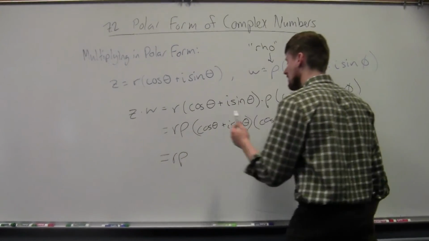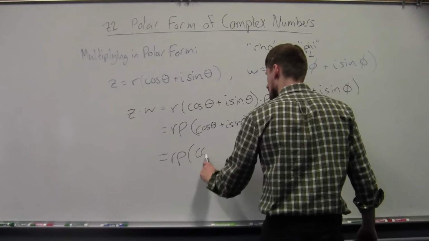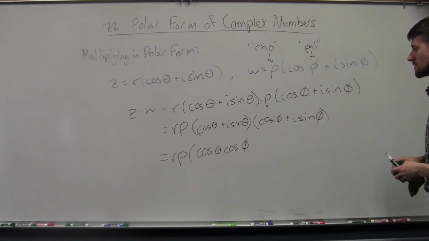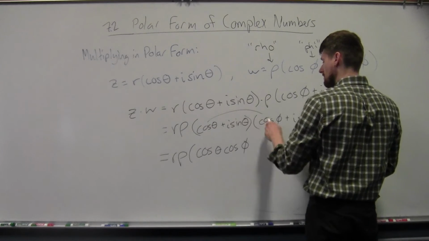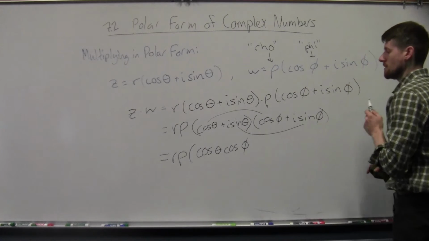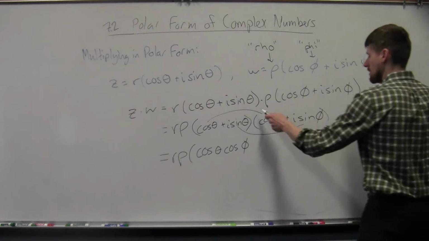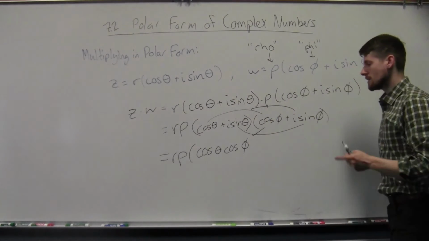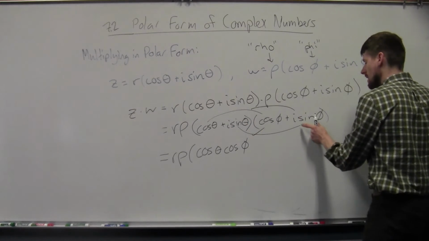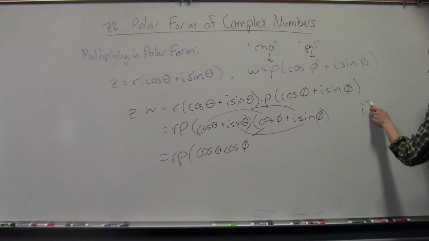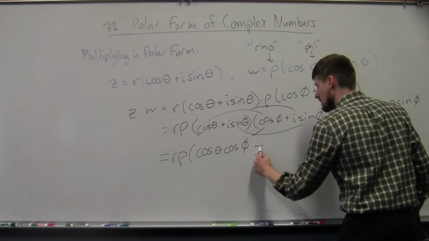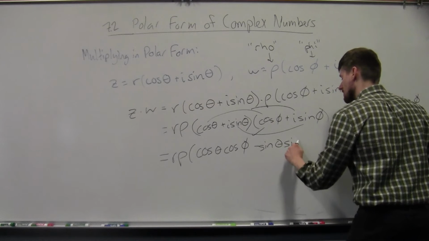So we have our r rho hanging out. Cosine theta, cosine phi. The first and last terms from foiling give us a real part, whereas the cross terms give us the imaginary parts. So cosine theta cosine phi is the first real part. Then i sine theta, i sine phi is i squared sine theta sine phi, and i squared is -1, so this is minus sine theta sine phi.